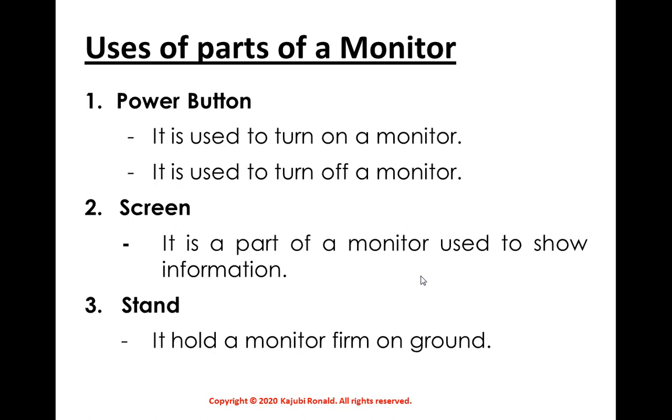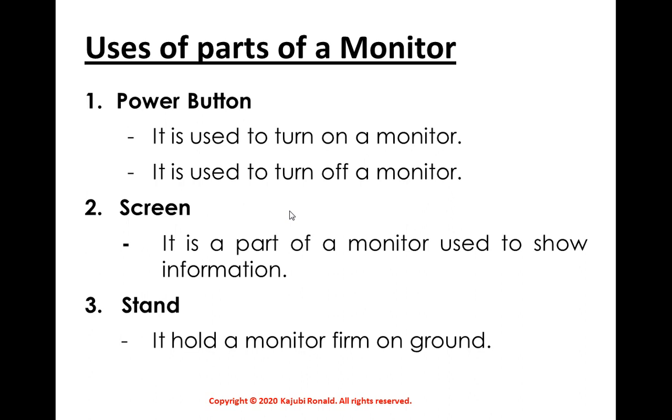And we can still use it for turning off a monitor. Turning off is like switching off or stopping. When you finish using a particular device and you want to switch it off, then you say turning off. So this power button on a monitor can be used to turn it on and to turn it off.